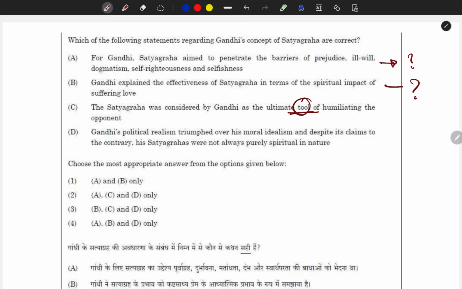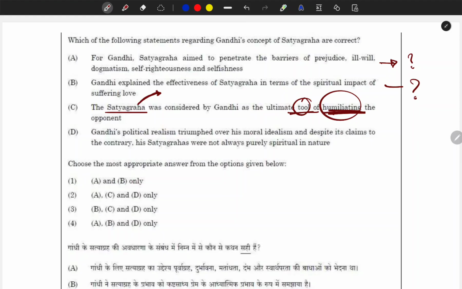Satyagraha was considered by Gandhi as the ultimate tool of humiliating the opponent. Was it humiliating the opponent? What was Satyagraha? It was a kind of seeking for truth.